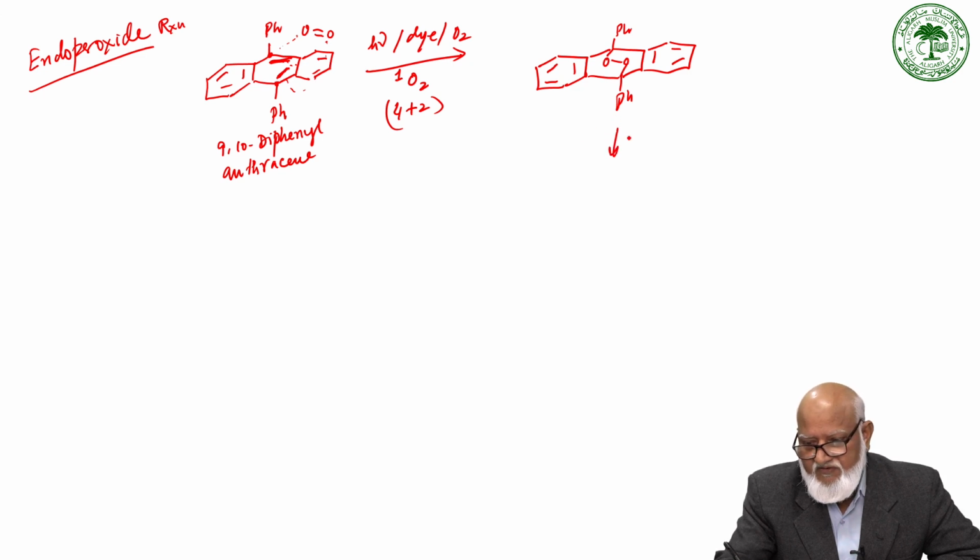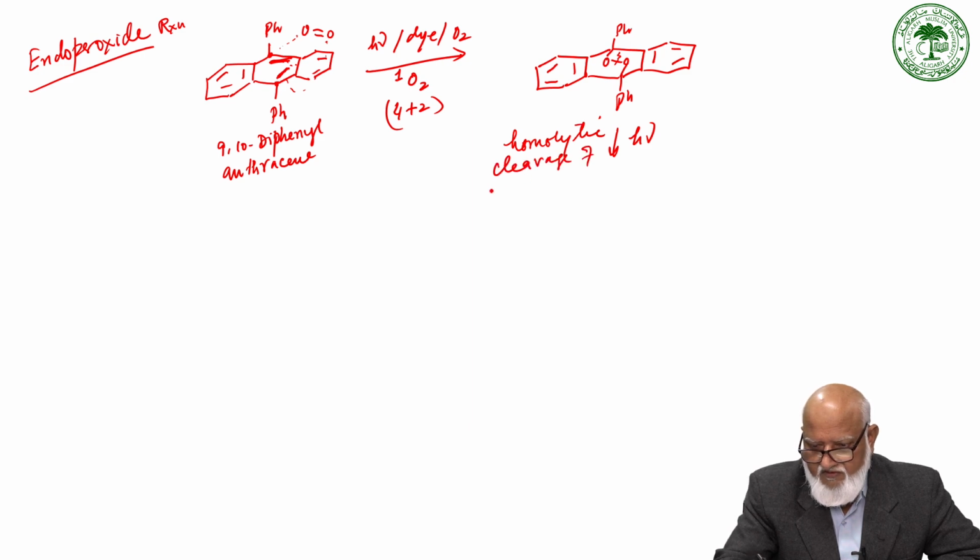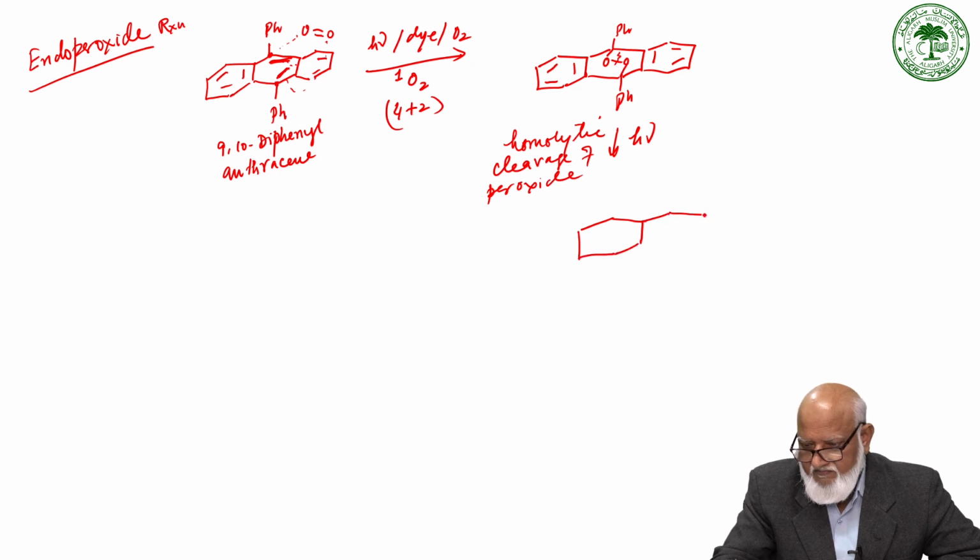This endoperoxide on further photolysis undergoes homolytic cleavage of the peroxide bond to give an intermediate, with an O dot and Ph, and then of course there are two benzene rings.